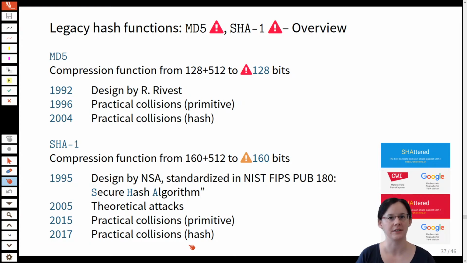And finally, in 2017, this was extended to a collision of the full hash. And on the bottom right here, you see 2 examples of colliding PDF files. So the blue beige thing and the red beige thing are 2 PDF pages which both hash to the same SHA-1 value. So as an illustration that you can construct some actual meaningful collisions with this technique.